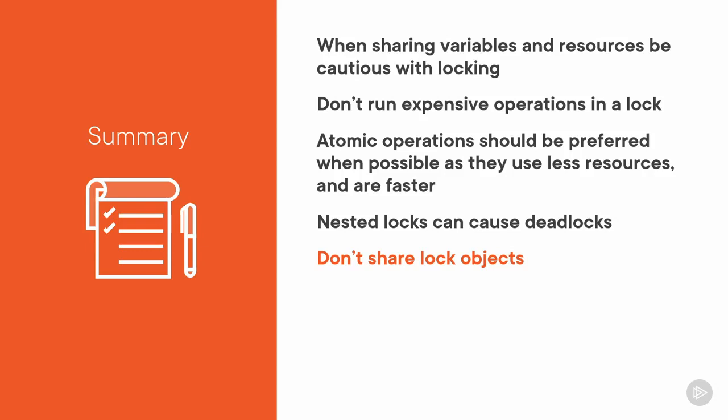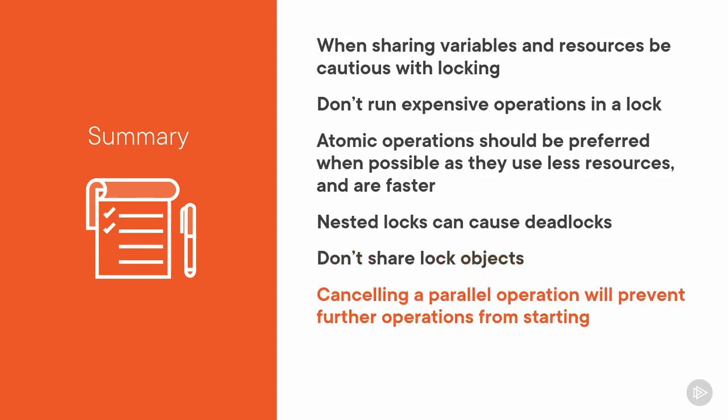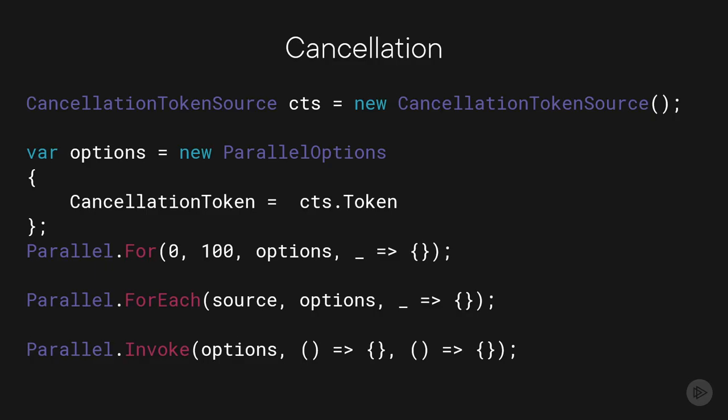You then learned how to cancel a parallel operation. If you request a cancellation, no further operations will be started, and an operation canceled exception will be thrown. This is a little bit different from how stop and break works, as those had to be manually handled. With the understanding of the task parallel library, it shouldn't come as a surprise that a task won't start if you pass a cancellation token marked as canceled.